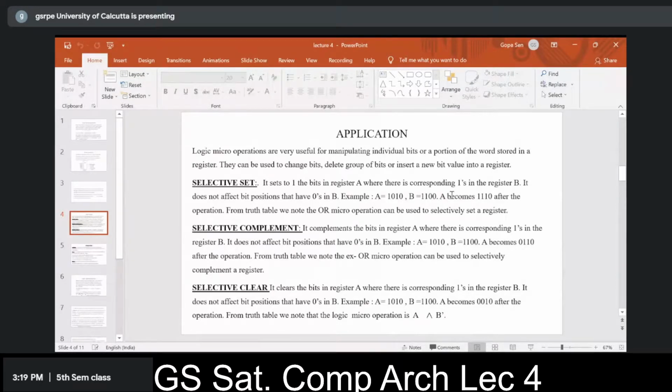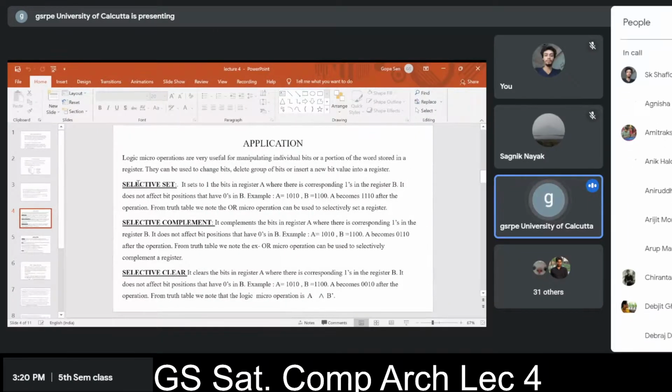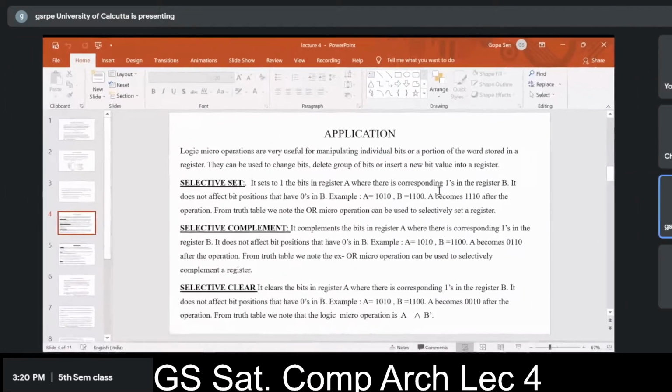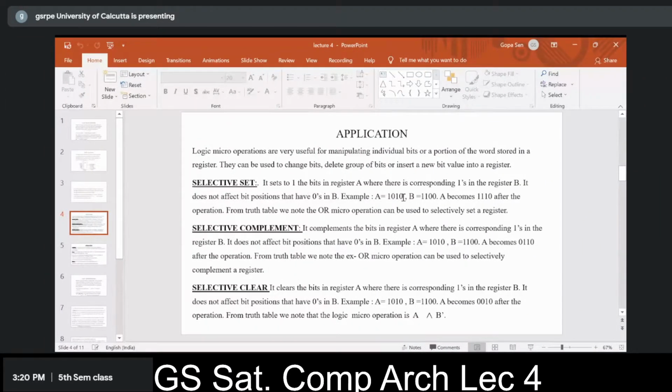Then what will be the final value of A after the selective set operation? 1110. These two bits will remain the same as these are the bits where B is equal to 0. These two bits, whatever may be their initial value, will be changed to 1. So it will be 1110 after the operation.